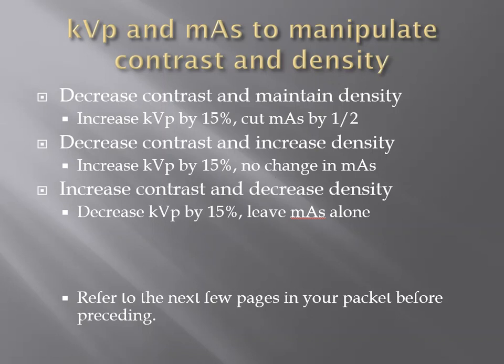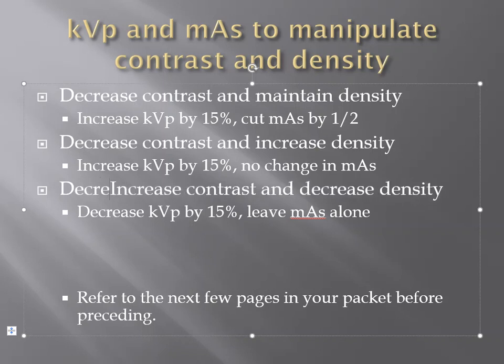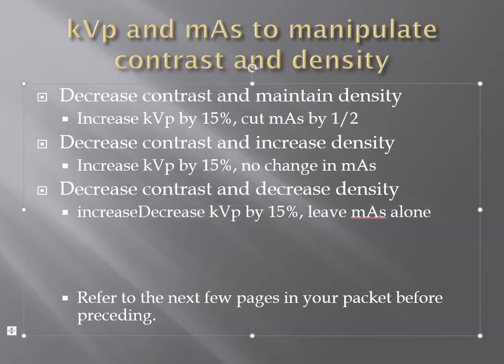So if we need to increase contrast and decrease density, you know what, we're going to change this one. We're going to say if we're going to decrease contrast and decrease density, then what we need to do is increase KVP by 15%.